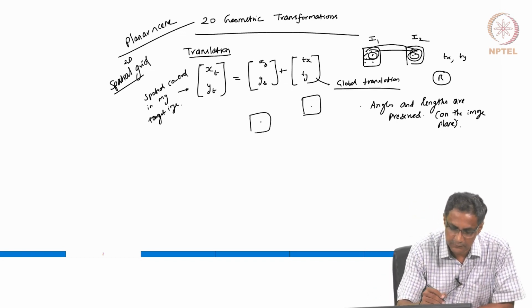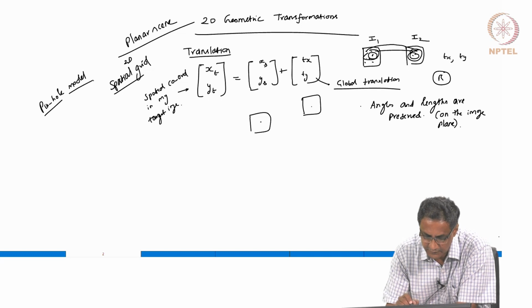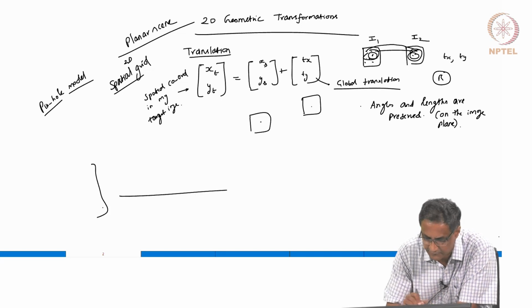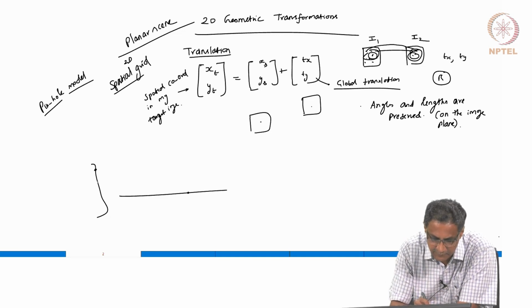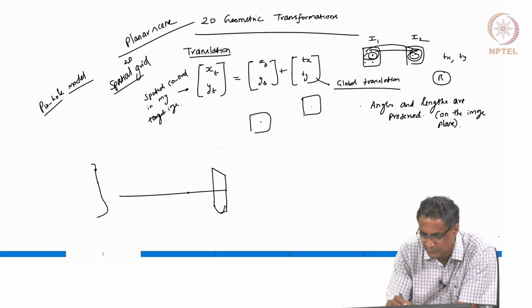One more thing I should tell is that there is something called a pinhole model for a camera, which is what we are following here. What this means is the following. If you have a 3D scene, and a pinhole through which the light rays from each 3D point are entering, then behind this is what is called an image plane.